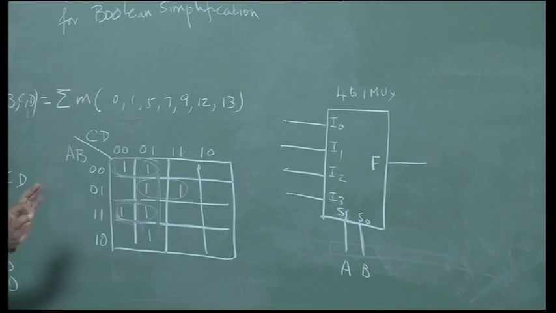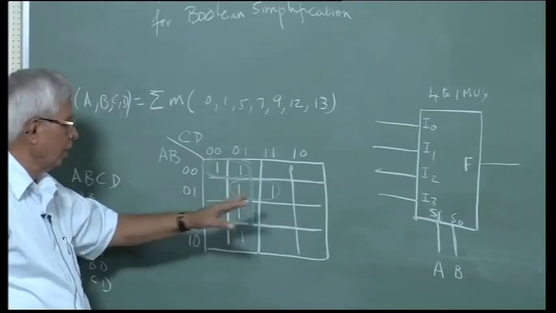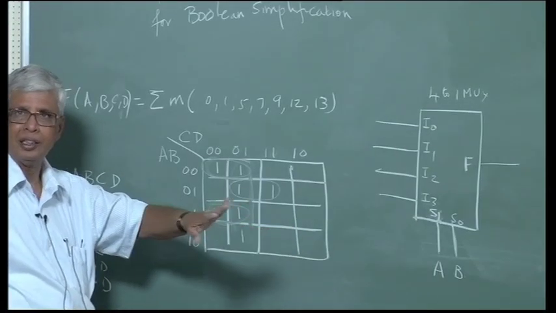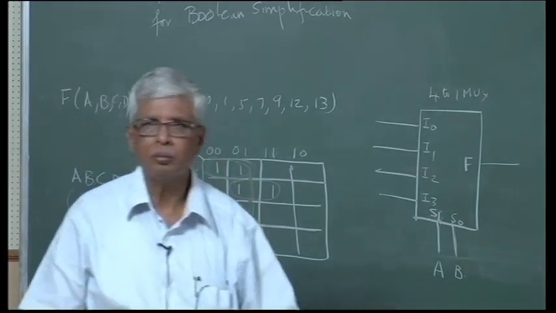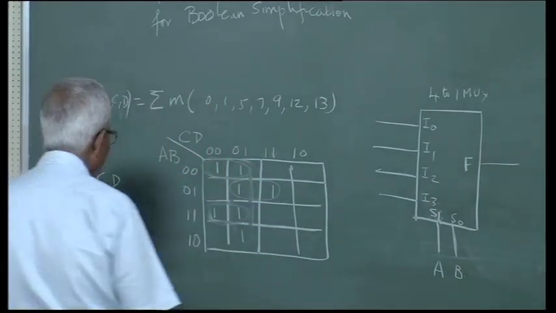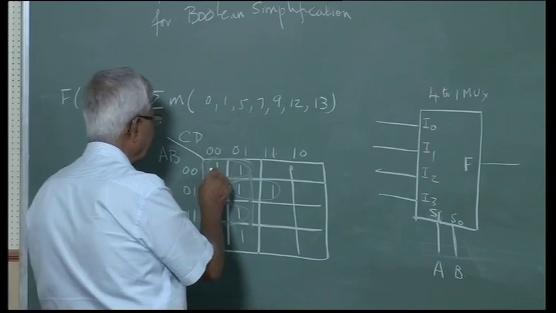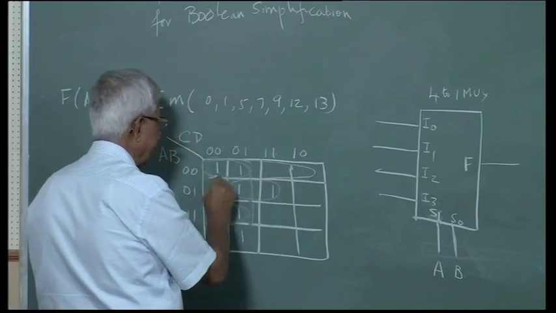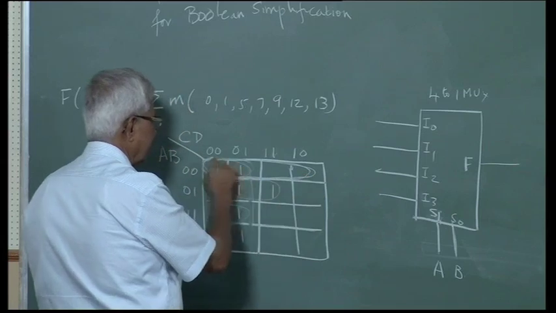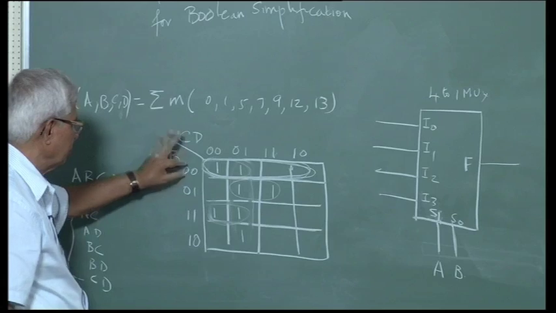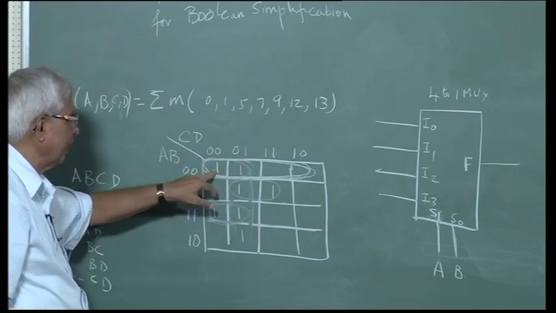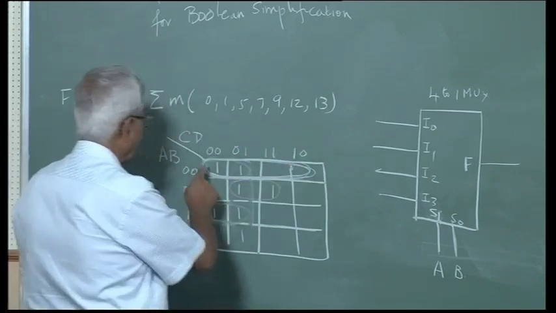That means AB can have 0, 0, 0, 1, 1, 0, 1, 1. These are the 4 combinations possible in the multiplexer. Now, when AB is 0, 0, I will have to connect this output.